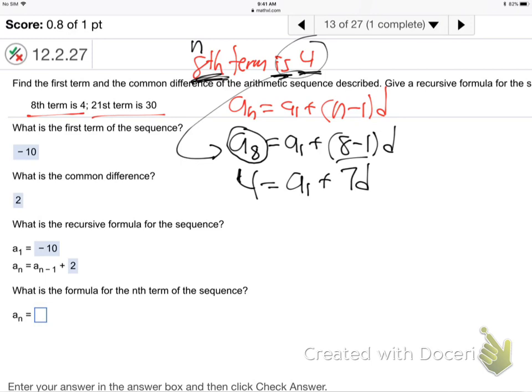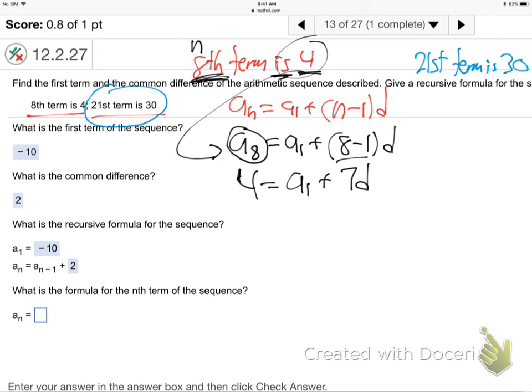I just plugged in the 8 for n, A sub 8, and then realized A sub 8 is 4. They're telling me the 8th term is 4. And then I worked out the other side, 8 minus 1 is 7. Now, that's a formula that has 2 unknowns, A1 and d. Now, do the same thing with the second batch of information. 21st term is 30.